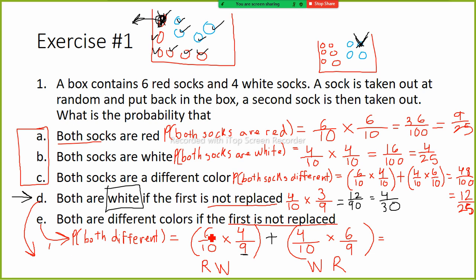Okay, so 6/10, wouldn't that be 4? So 6/10, how many red socks do we have in general? I don't know. Don't we have 6 red socks?